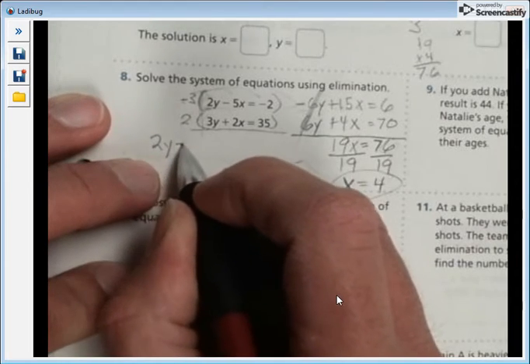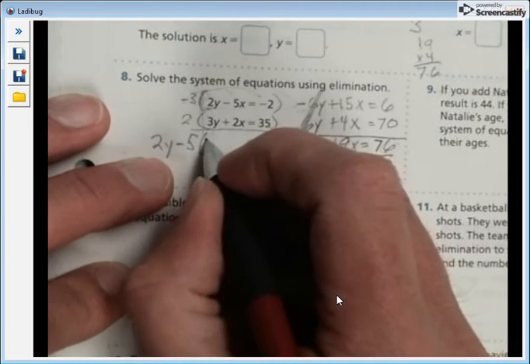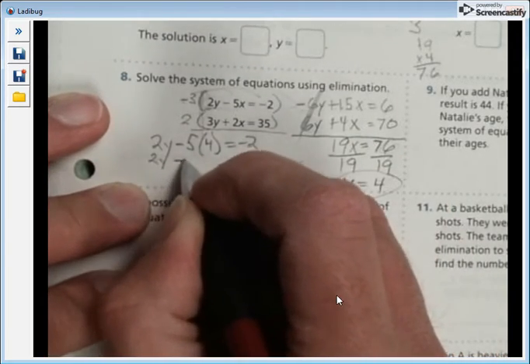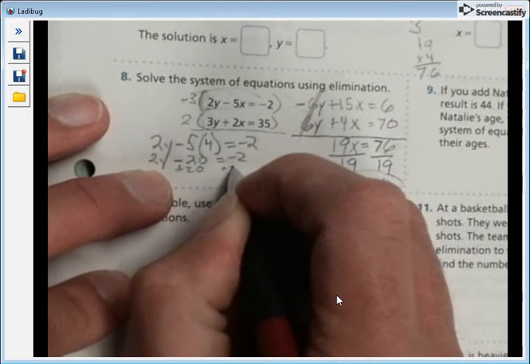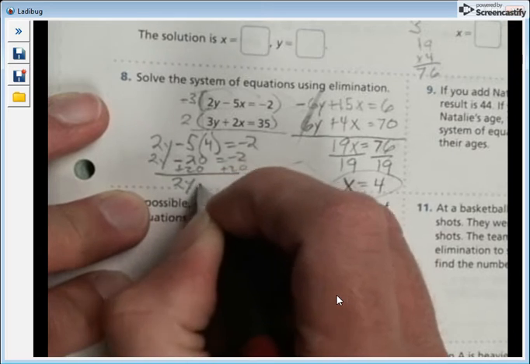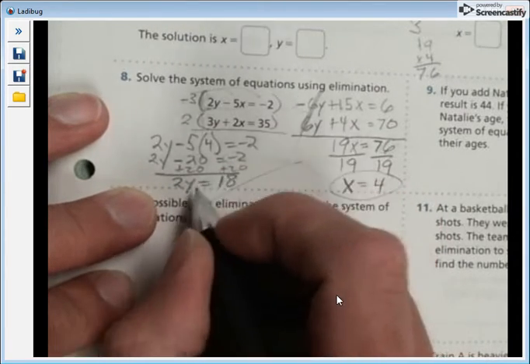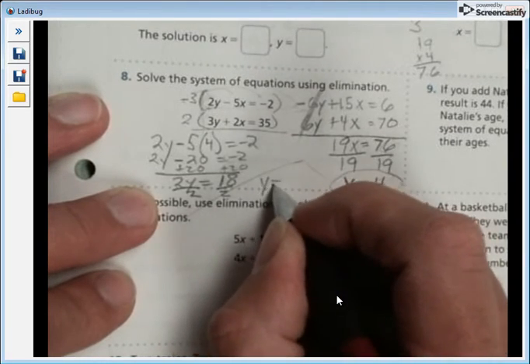So 2y minus 5, parenthesis, because I'm replacing this x with the 4, equals -2, or 2y minus 20 equals -2. I add 20 on both sides, so that 2y equals, so I have -2 and a +20 makes a +18, divided by the 2. 18 divided by 2 is y going to be 9.